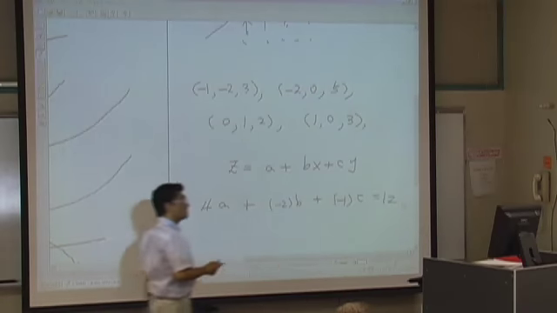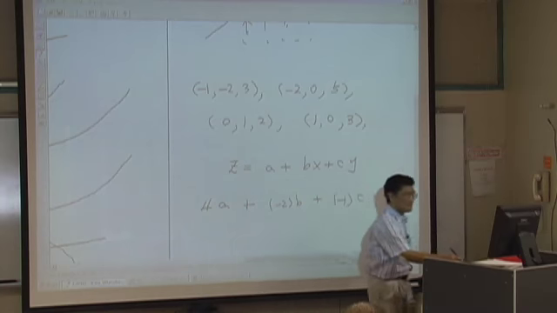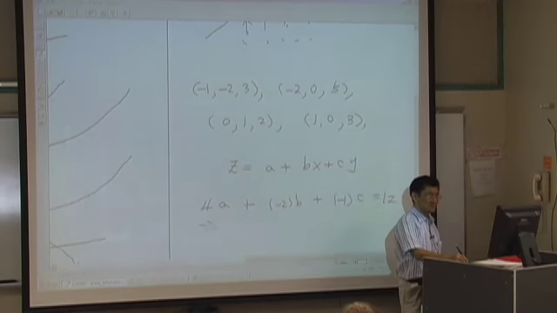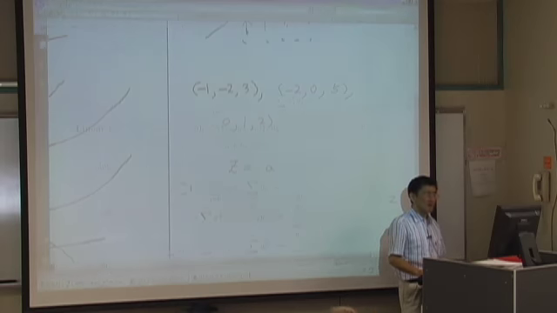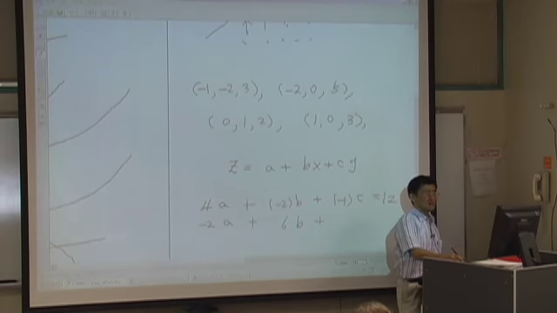The next thing, -2 A plus, we add x squares: -1 squared, -2 squared, 0 squared, 1 squared. So total is 6. And then we add xy. So -2 times -1 times -2, 0, 0, 0.